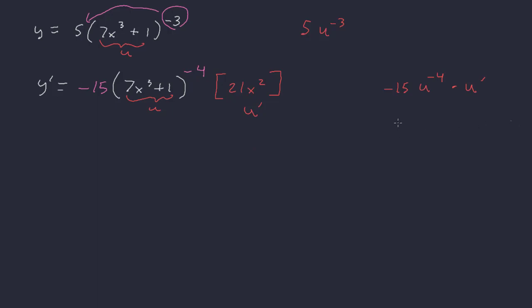That's what our derivative ends up being. So to simplify it a little bit, we could bring these two things together to get negative 315x squared times 7x cubed plus 1 to the negative 4. Okay, so there we go. There's our chain rule derivative.